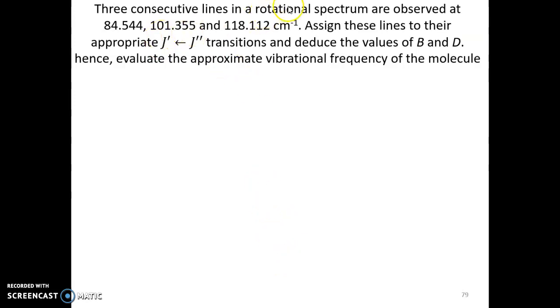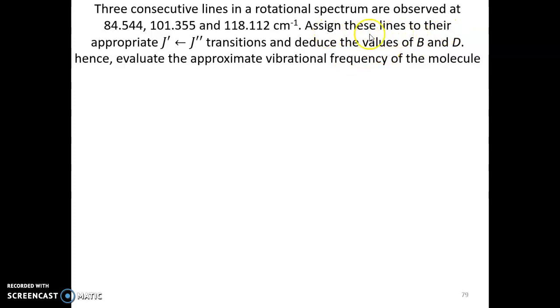We have 3 consecutive lines in a rotational spectrum observed at 85.544, 101.355, and 118.112 cm^-1.